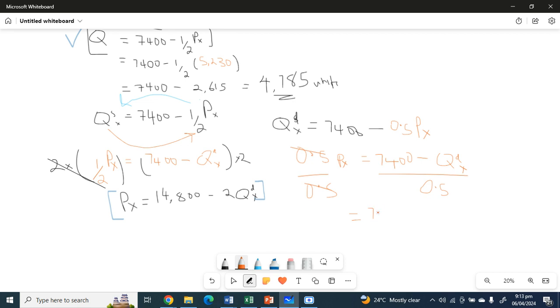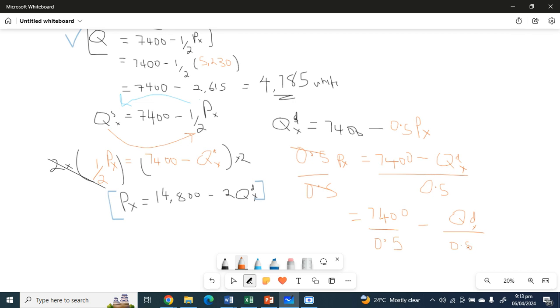Then, if you want to make life simple, because in this question it's asking you to graph, just split 7,400 over 0.5 minus QDX over 0.5.